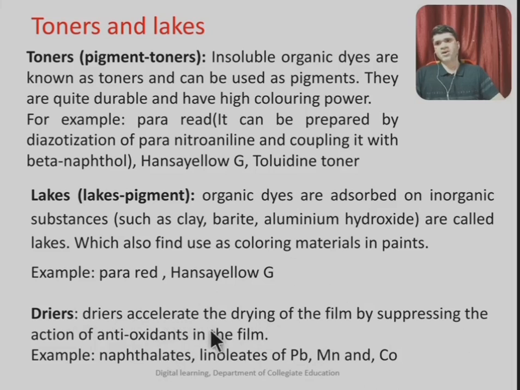So if antioxidants are present, that process is not possible and hence drying will get slower. When we add dryers, okay, they suppress the action of antioxidant and thereby they encourage reaction of oil and air or oxygen to accelerate the process of drying.